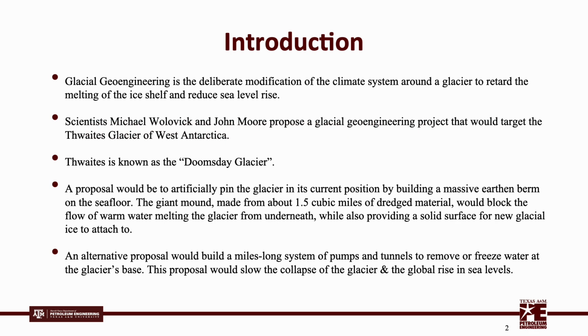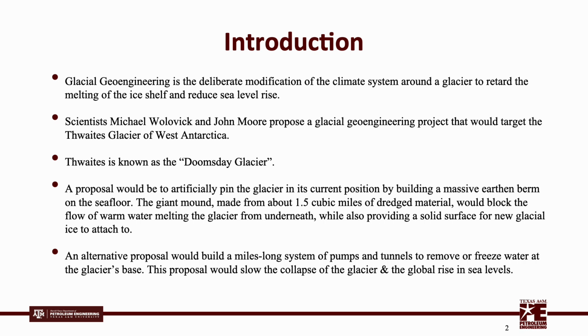Glacial geoengineering is the deliberate modification of the climate system around a glacier to retard the melting of the ice shelf and reduce sea level rise. The Thwaites Glacier of West Antarctica is known as the Doomsday Glacier.